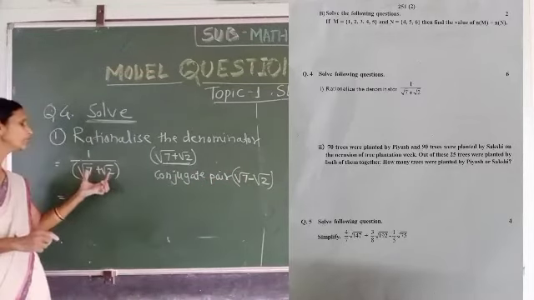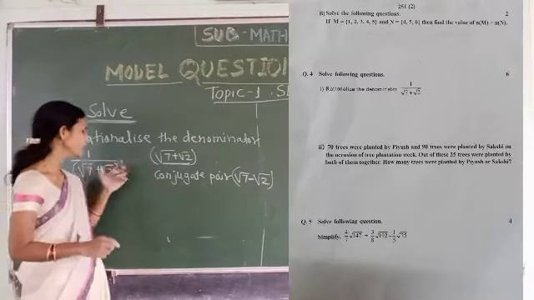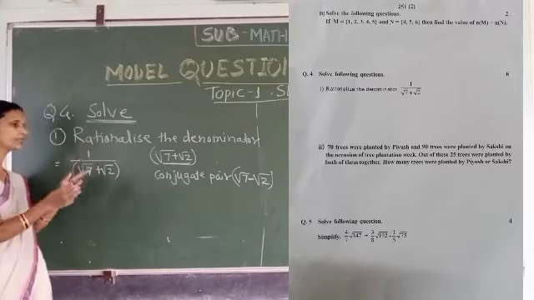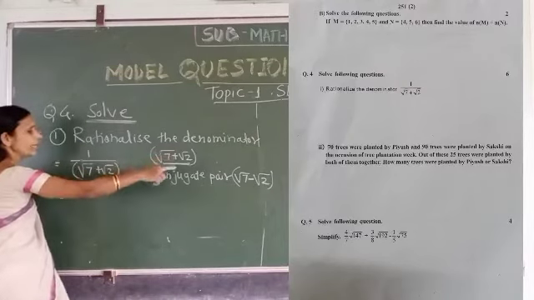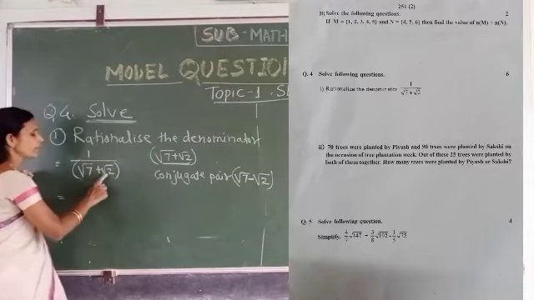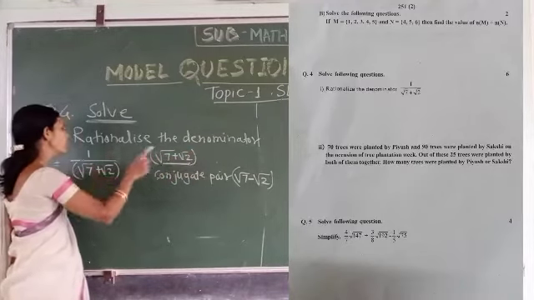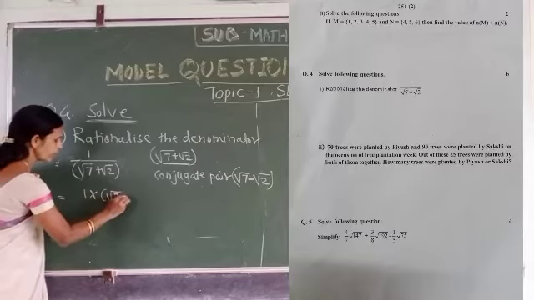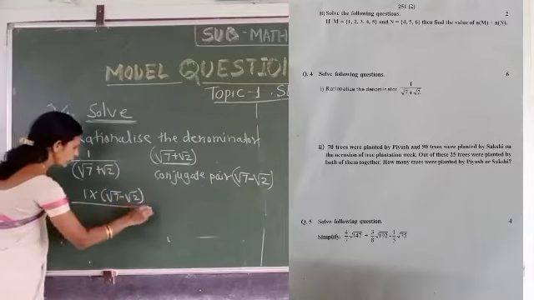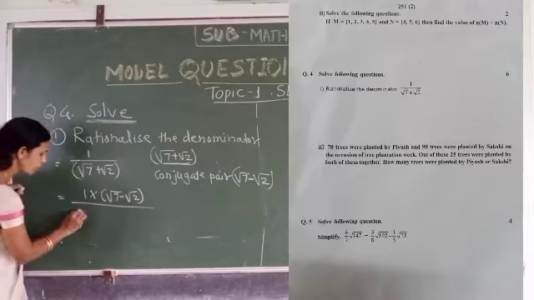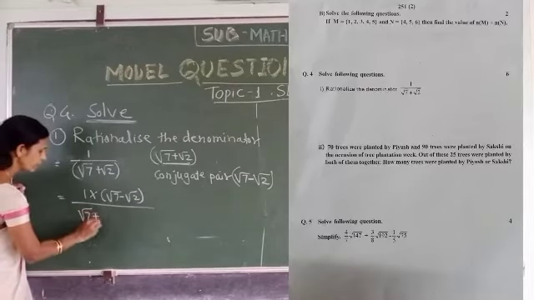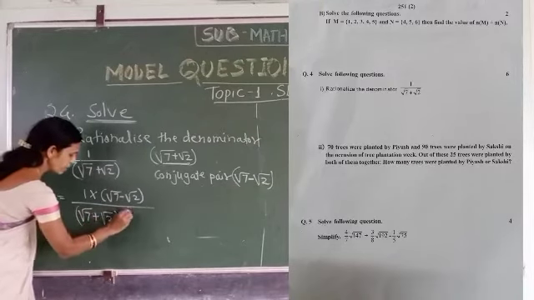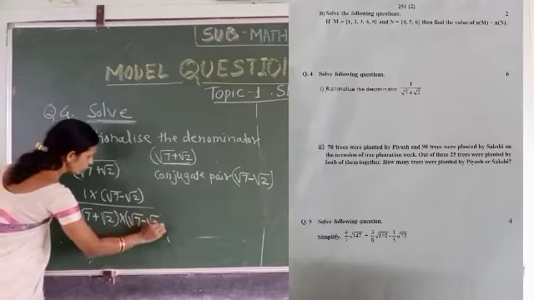But if we multiply only the denominator by the conjugate pair, the value of this example will change. Therefore, we have to multiply the numerator also by root 7 minus root 2. That means here 1 into root 7 minus root 2, and the same for the denominator: root 7 plus root 2 by root 7 minus root 2.